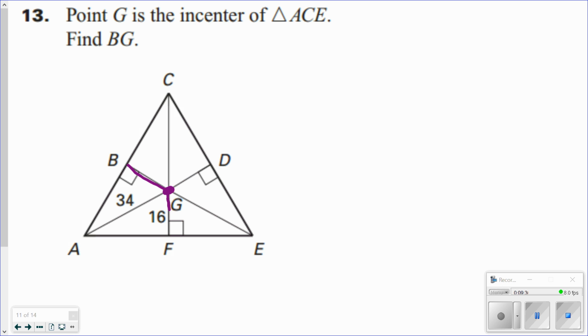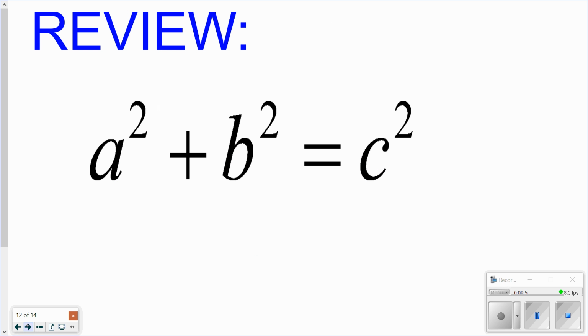Well, we know from our last slide that these segments are all congruent. So what is the length of BG? Well, BG is going to be equal to 16 because it is congruent to segment FG.